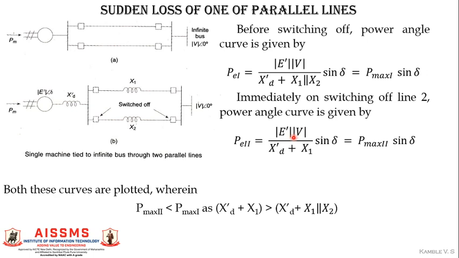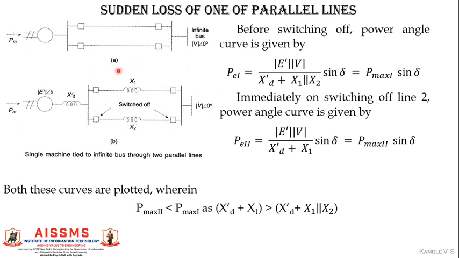So E dash into V divided by X dash D, that is the reactance of the generator, plus the reactance of the transmission line. As the second line is switched off, there will be no reactance present in the circuit for this line.